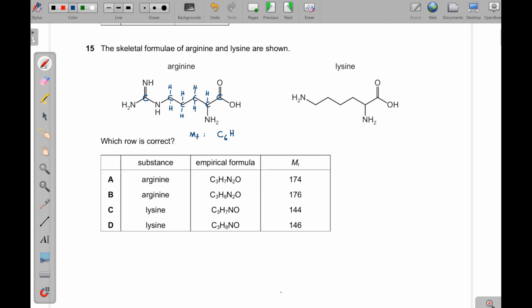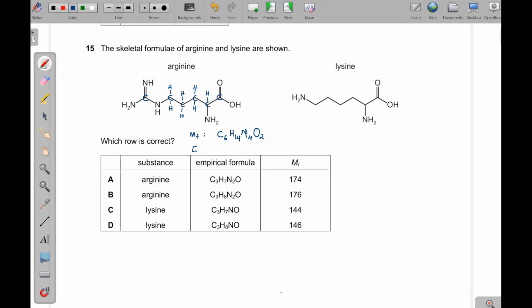So hydrogens, 1 here, then plus the 2, that is 3, 4, 5, 6, 7, 8, 9, 10, 11, 12, 13, then 14. You see that? So those are 14 hydrogens. Then how about nitrogens? We have 1, 2, 3, and then 4. Okay, 4 nitrogens. Then oxygens, we have 1 and then 2.